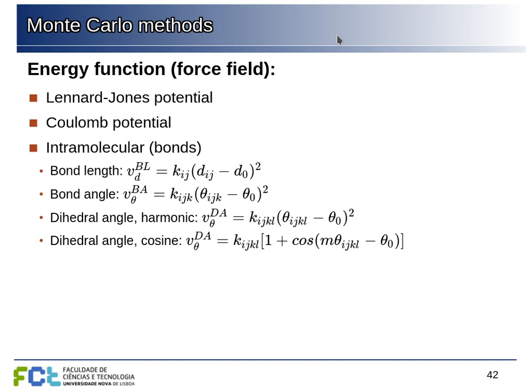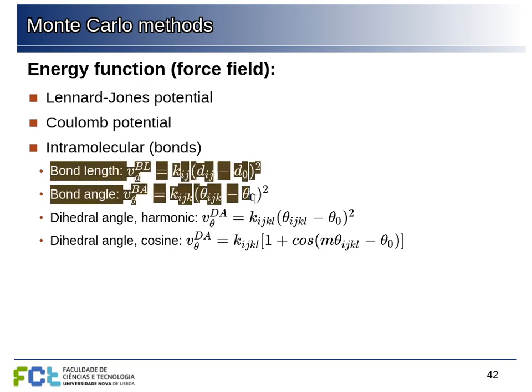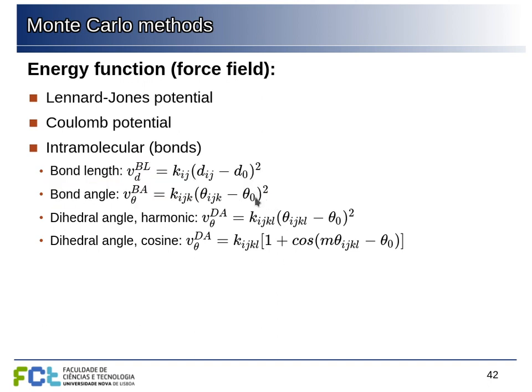If we can allow changes in bond length and bond angles, we may need to compute those in the force field. If we're only looking at dihedral angles, we can also take into account the torsion and other forces around those angles, using functions that would estimate the energy of different dihedral angles.